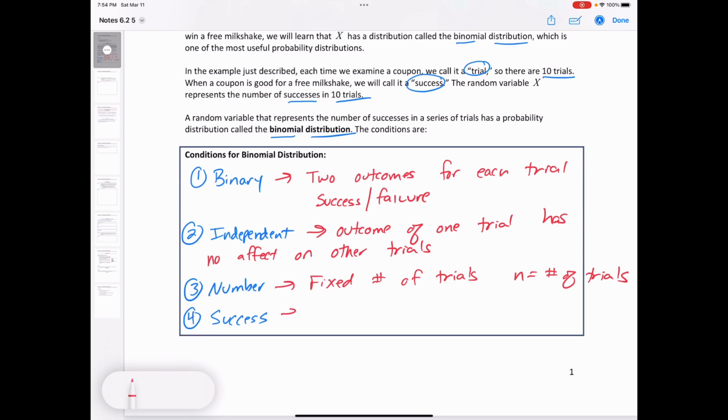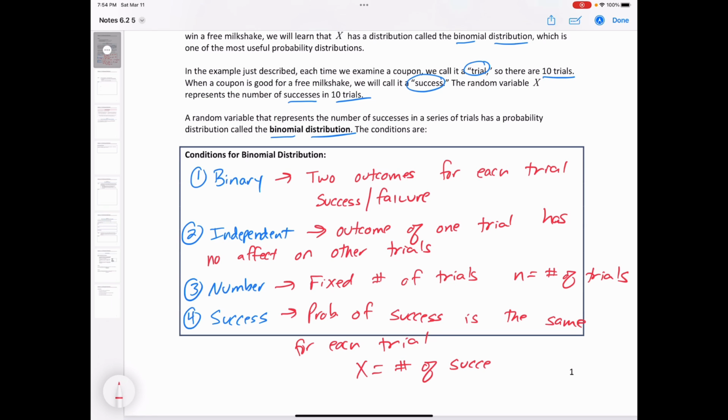The probability of success has to be the same for each trial. And X is your number of successes. Like in this one, what's the chance you had 3 successes? And P is your probability of success.